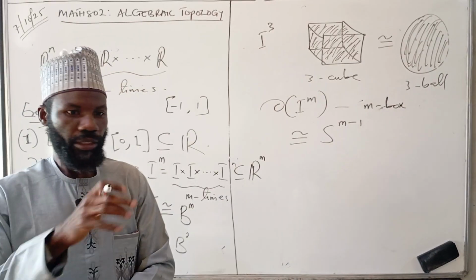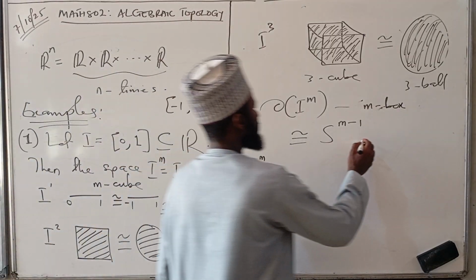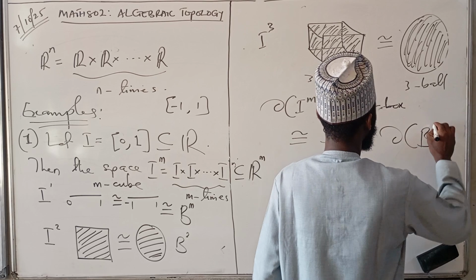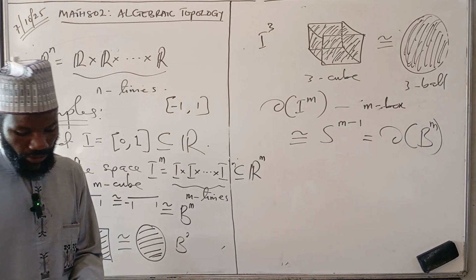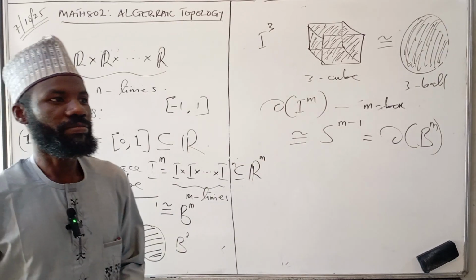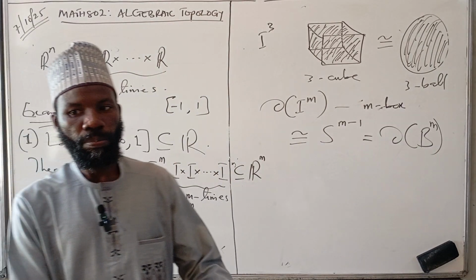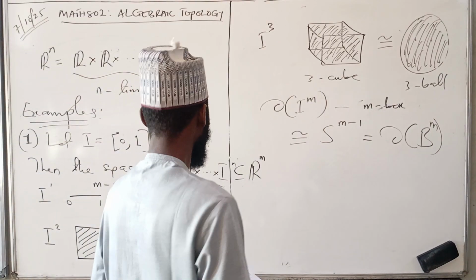So don't get confused. And you remember the sphere is a boundary of what? The ball of dimension m. Okay? So topologically, there is no difference between box, sphere, cube, and ball. I hope it's okay. So please get this thing clear.